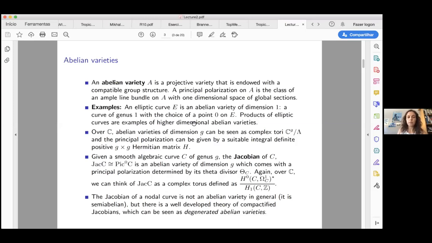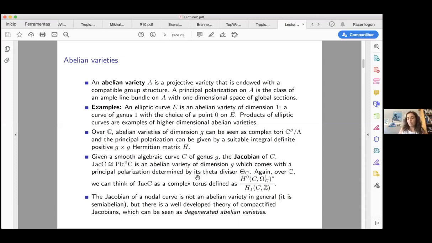Now, over C, abelian varieties can be seen as complex tori. We'll use this notation over here, C^g mod out by a full-dimensional lattice. The principal polarization can be given by a suitable integral positive definite g times g Hermitian matrix H. In particular, if we have a smooth algebraic curve C of genus g, we can define the Jacobian of C, which is indeed an abelian variety of dimension g, which comes with a principal polarization given by the theta divisor.